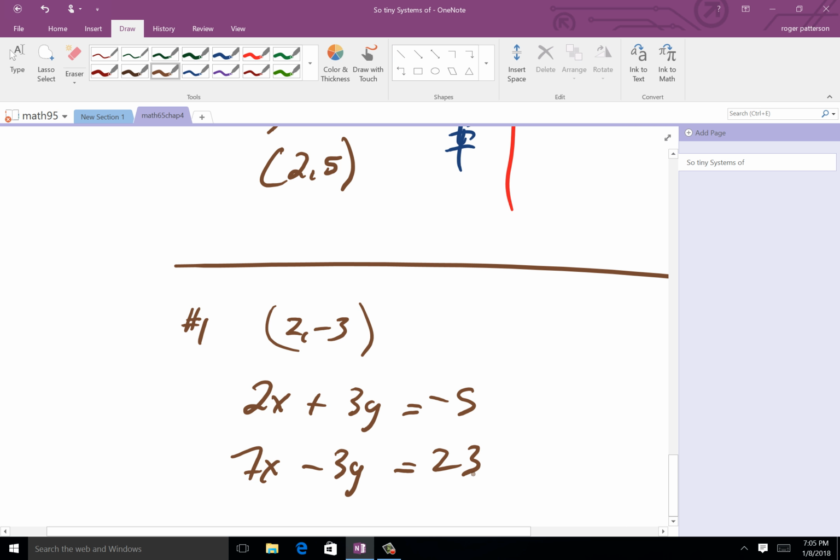The question is, determine whether this is a solution to these two. So we want to know if (2, negative 3) is a solution to that system.